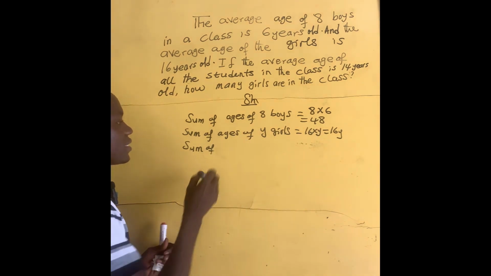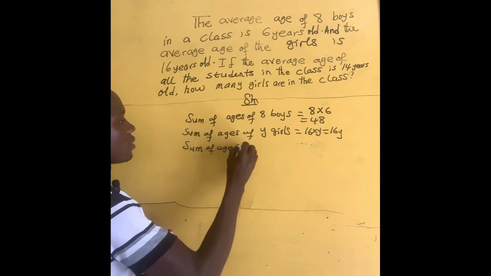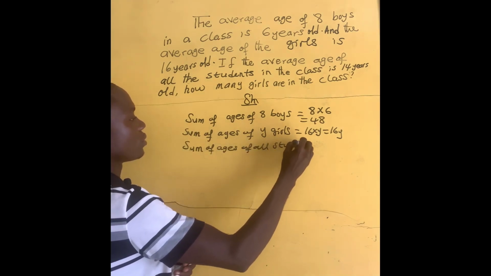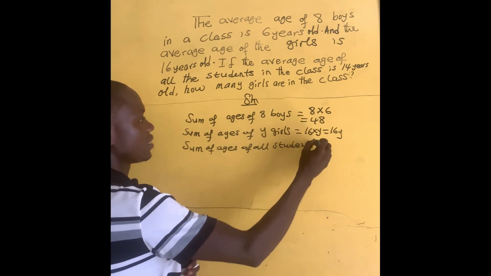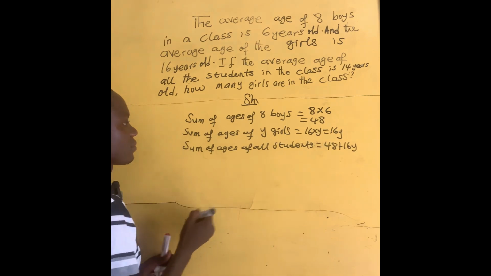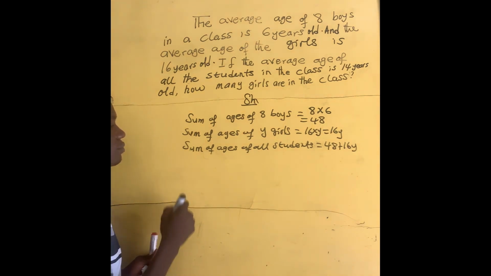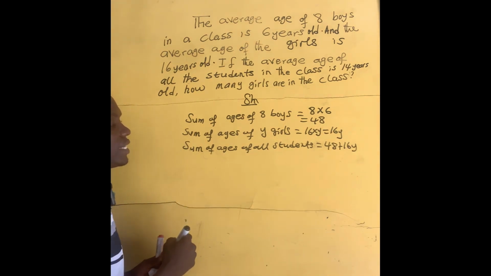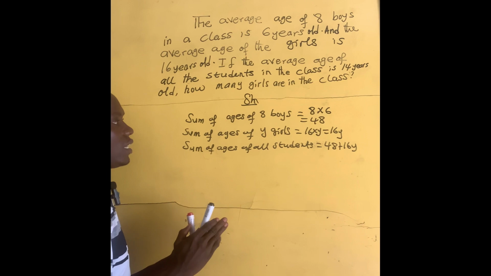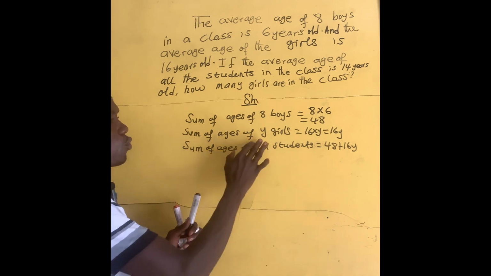Sum of ages of all the students equals 48 plus 16y. And we have number of students to be equal to 8 plus y, because we have 8 boys and we have y girls.